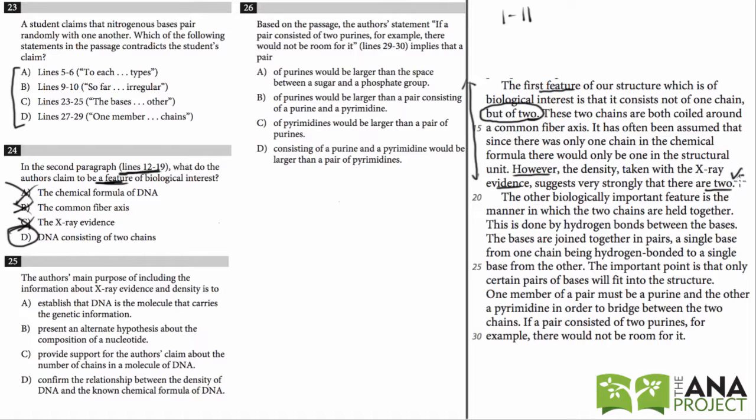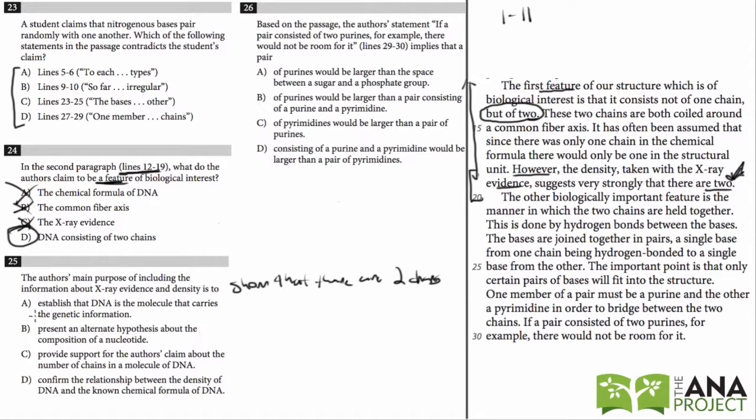So the X-ray evidence proves that there are two chains rather than one. So the author's main purpose of including the information about X-ray evidence and density is to, again, show that there are two chains. And it says it right here: however, the density taken with the X-ray evidence suggests very strongly that there are two.